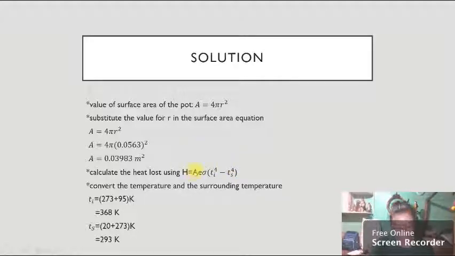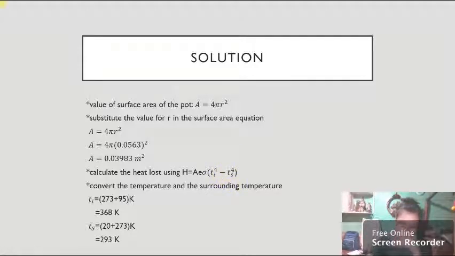So A is the surface area of the pot, E is the emissivity of the pot, which is given earlier, while sigma is the Stefan-Boltzmann constant, T sub I is the temperature of the pot, and T sub S is the temperature of the surroundings.